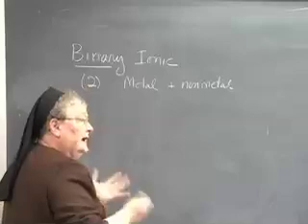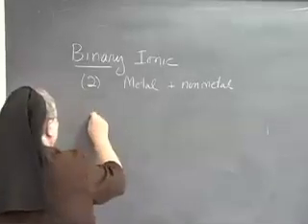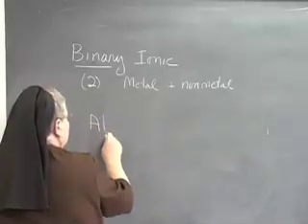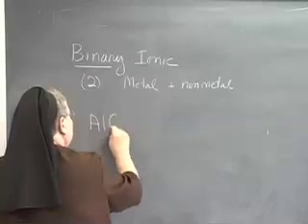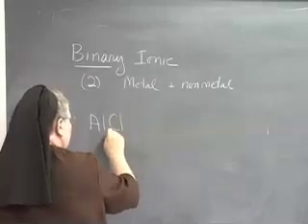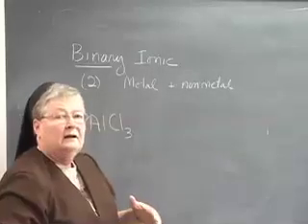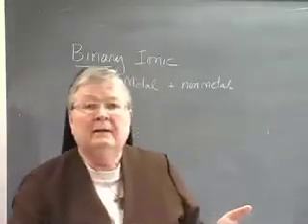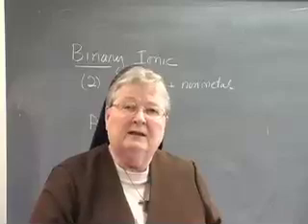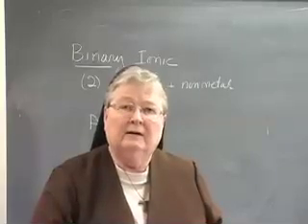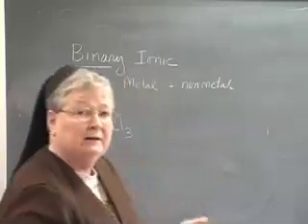So let's start out with a type 1 metal. Let's say we want to name this compound. We have it written. We know that this is the formula for a compound that has a combination of aluminum and chlorine. Well, the rule is binary.